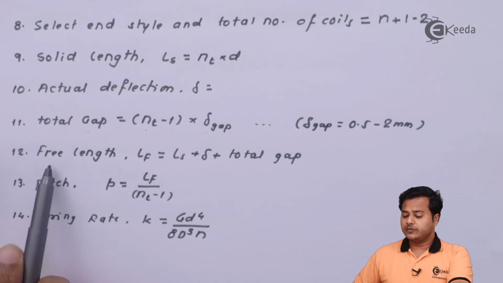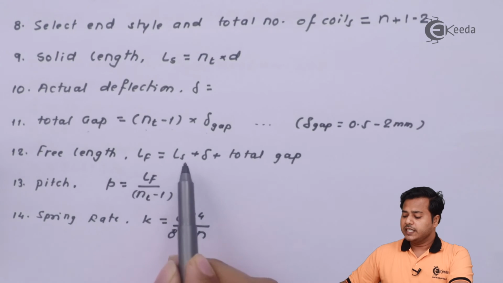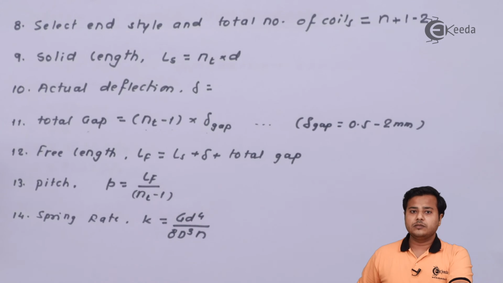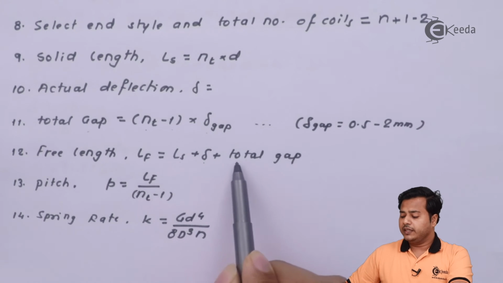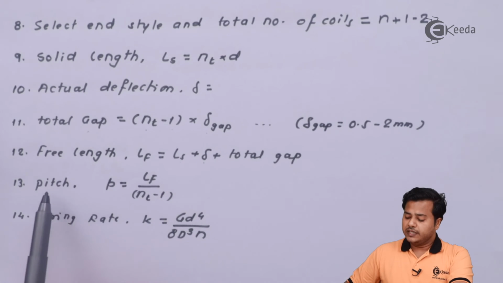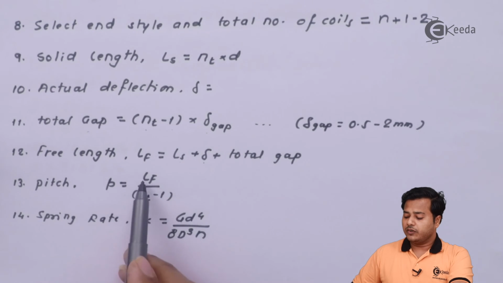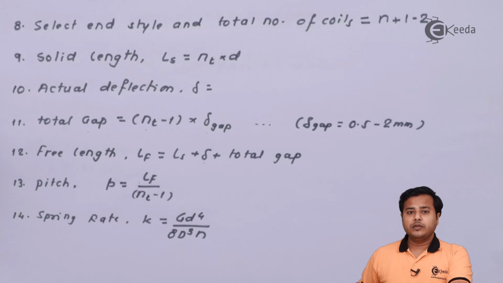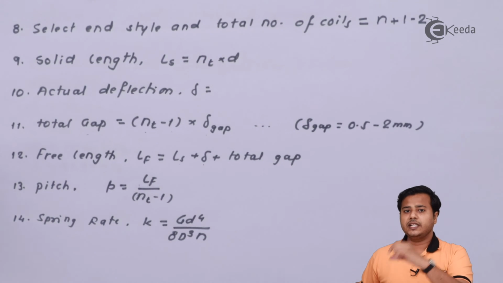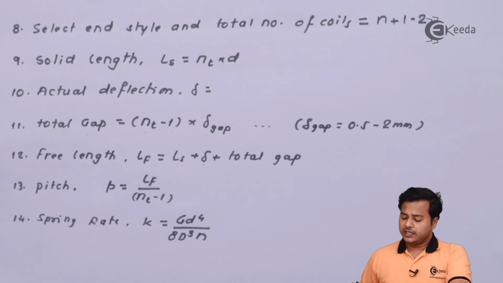The next thing is the free length. The free length, as we know, is the summation of the solid length, the actual deflection, and the total gap. Then comes the pitch, which is a very important parameter. The pitch will be given based on free length and the total number of coils minus 1, because we take the pitch between the two coils, so the end coil will not be considered.